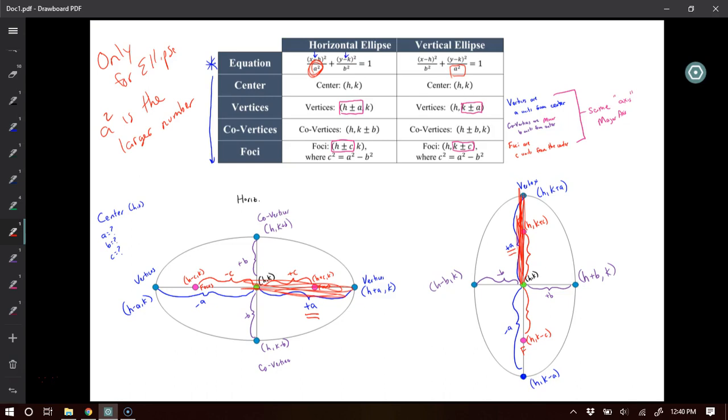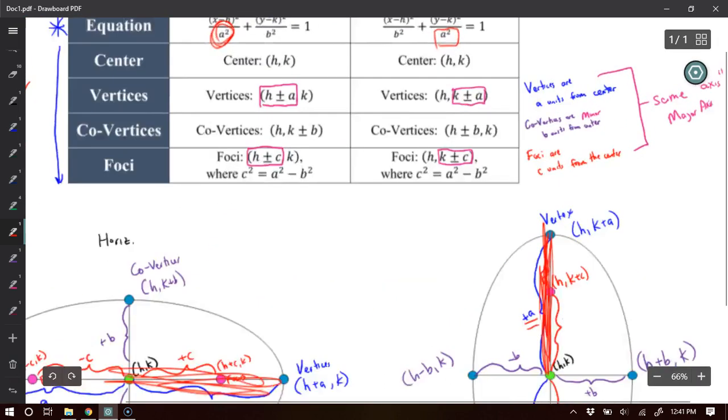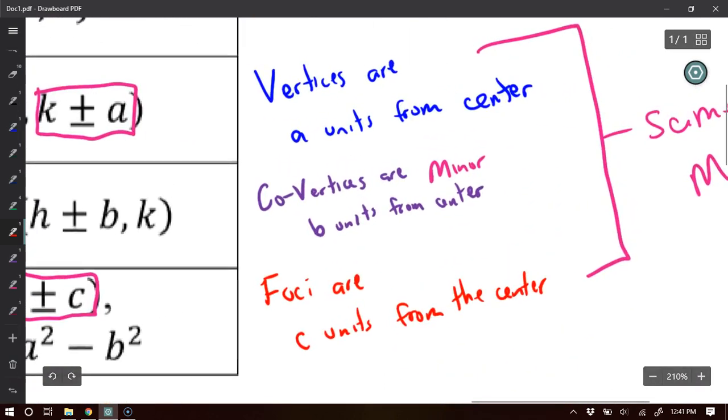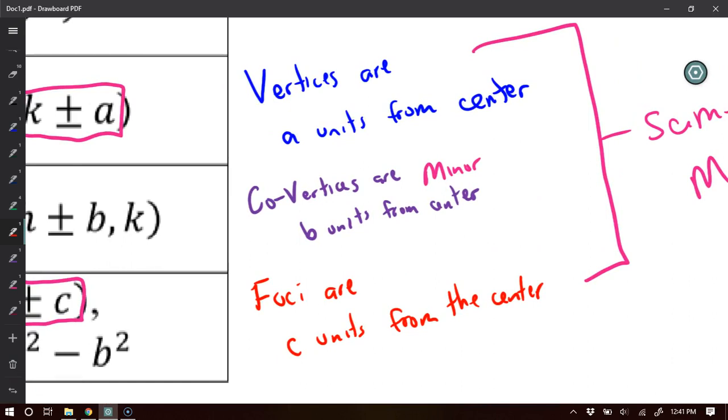We're still going to go through the notes on it, but hopefully you found this helpful as kind of an introduction on you really are looking for three values, A, B, C. And you're looking for three definitions for them. A is the distance from the center to the vertices. B is the distance from the center to the co-vertices. And C is the distance from the center to the foci.